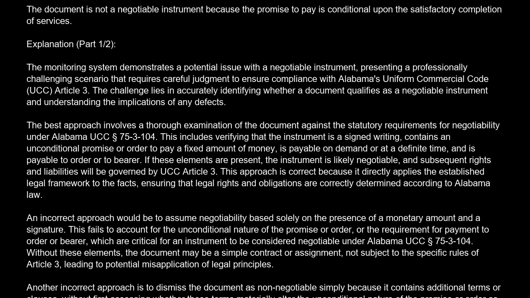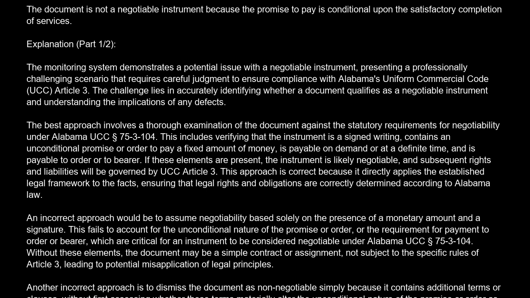The challenge lies in accurately identifying whether a document qualifies as a negotiable instrument and understanding the implications of any defects. The best approach involves a thorough examination of the document against the statutory requirements for negotiability under Alabama UCC Section 75-3-104.